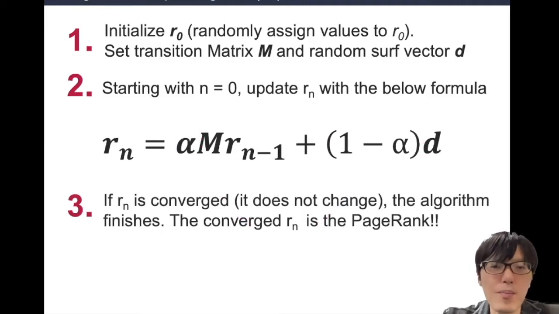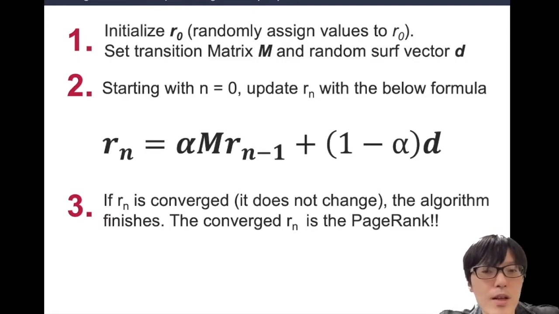So we compute the PageRank values of web pages by using this formula. If Rn converges, the complete PageRank algorithm will stop. Then we use the converged Rn vector as the final PageRank values.